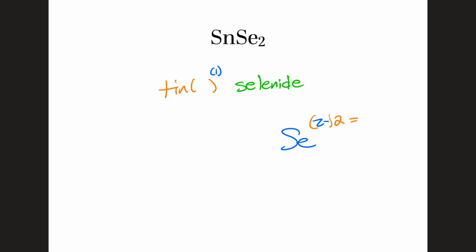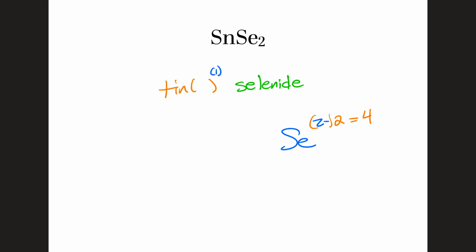That gives us a charge of 4. Now, looking at our tin, we have 1 of these, so we need something times 1 to equal 4.